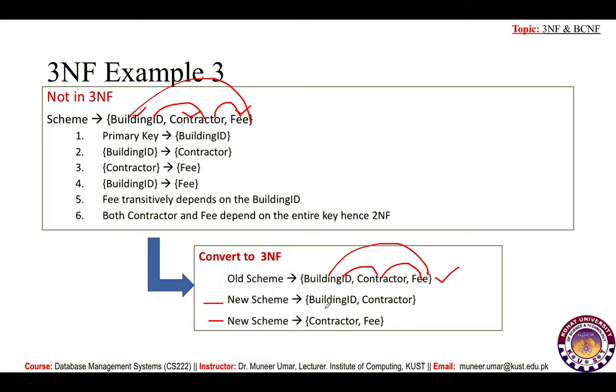In the first scheme we will have building ID and contractor due to this dependency, and in the second table we will have contractor and fee due to this dependency. And here this contractor is actually the foreign key which can be used to connect both the tables. Primary keys are building ID and contractor.